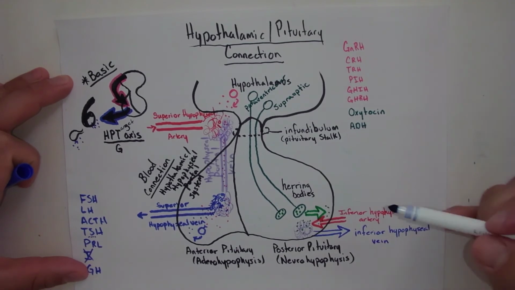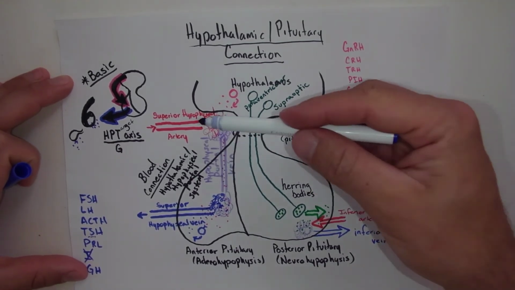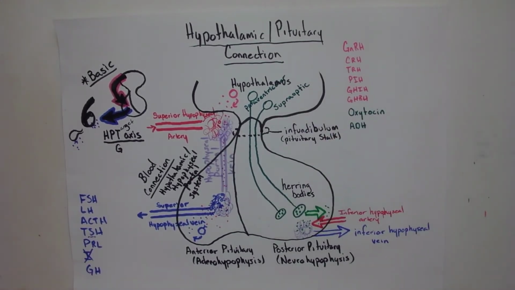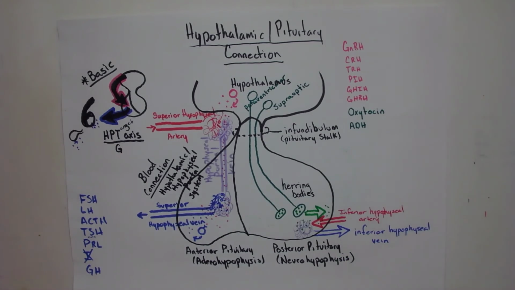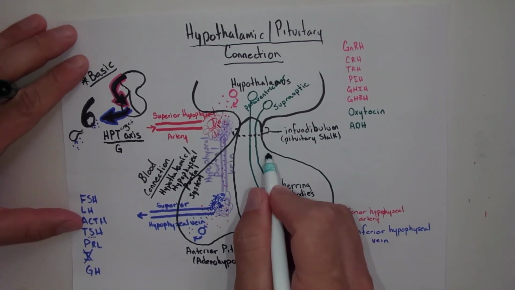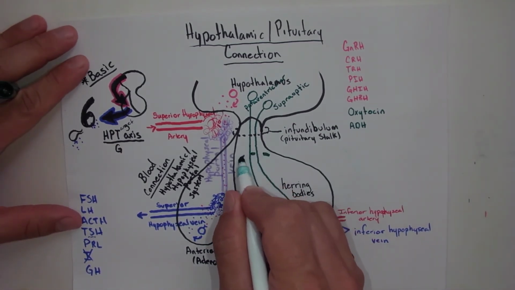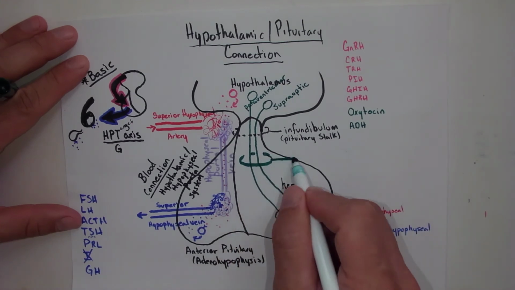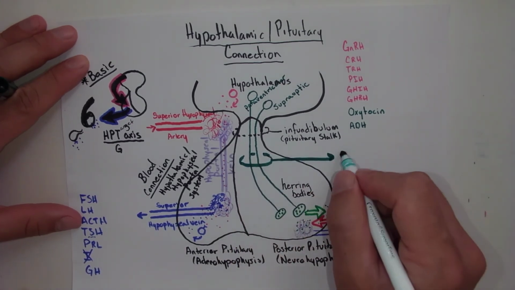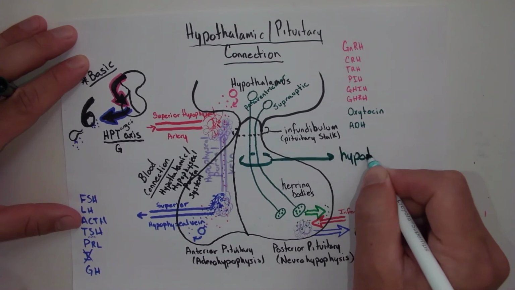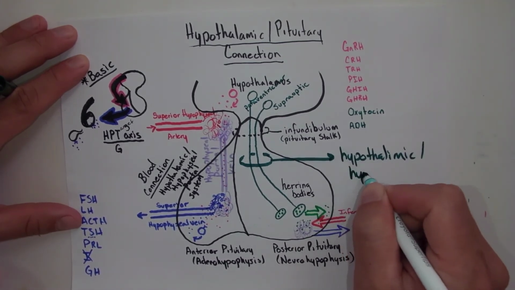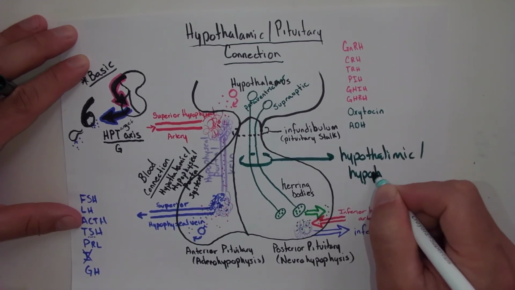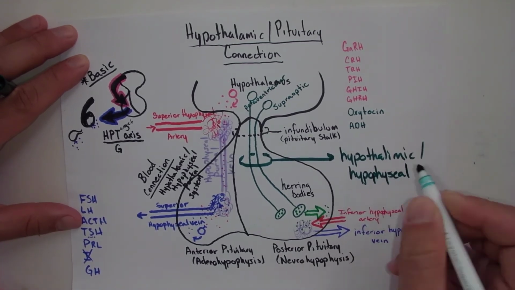This is a little bit different than the connection for the anterior pituitary. This is the hypothalamic hypophyseal tract. This is a neural connection. The hypothalamic hypophyseal tract.